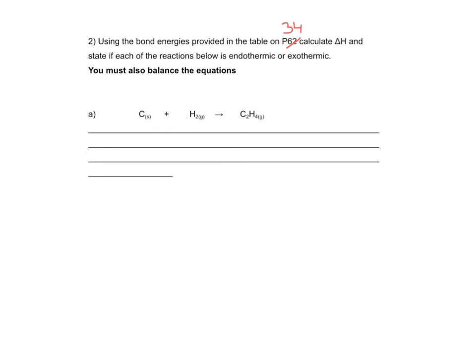Now, you're told for each of these to calculate the delta H, but you've got to balance the equations. Now, what we have got here is the delta HF for a molecule of ethene. We're forming 1 mole of ethene. Now, we need to balance it first. So in order to do that, we'll need a 2 in front of the carbon and a 2 in front of the hydrogen.